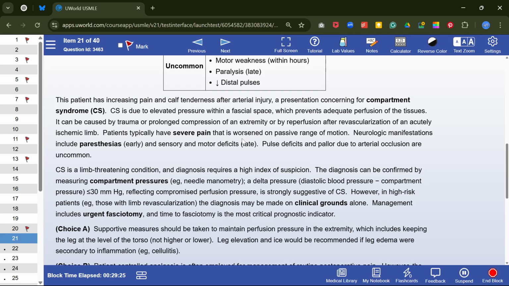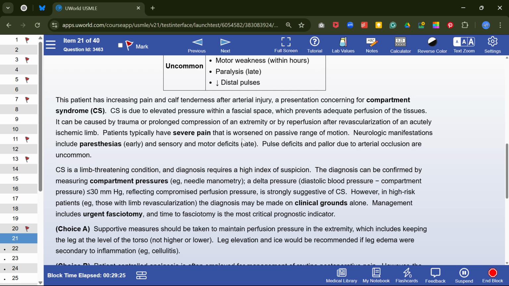The diagnosis can be confirmed by measuring compartment pressure, needle manometry. A delta pressure, diastolic blood pressure minus compartment pressure, less than or equal to 30 millimeters of mercury, reflecting compromised perfusion pressure, is strongly suggestive of compartment syndrome.